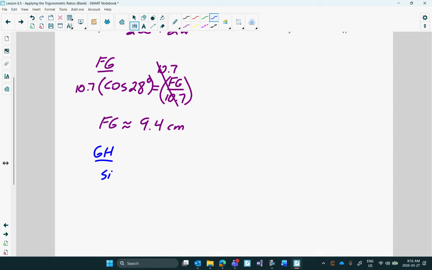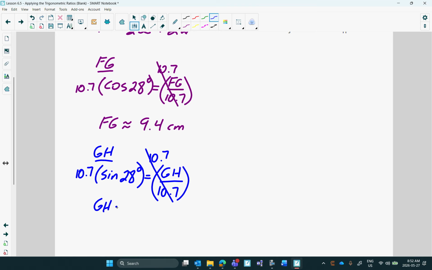So sine 28 degrees equals GH over 10.7. And once again, to get the missing side by itself, I multiply both sides by 10.7. I should get 5.0.